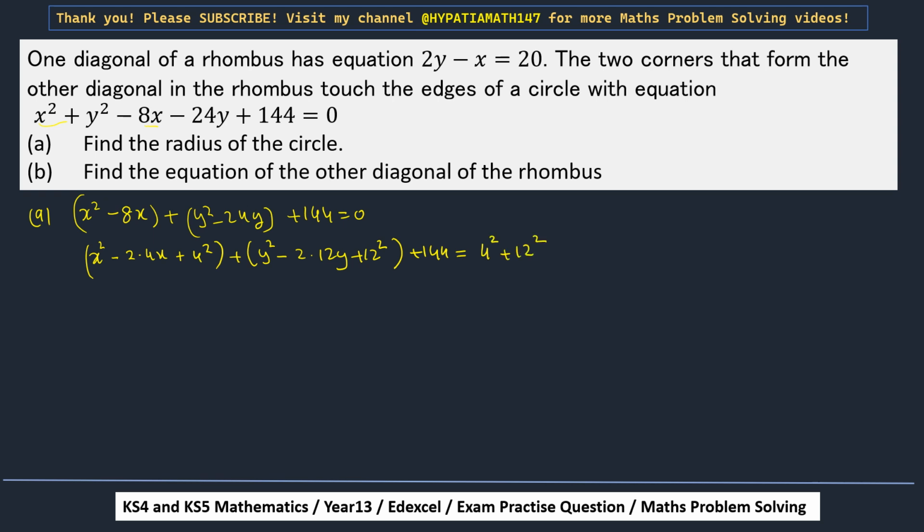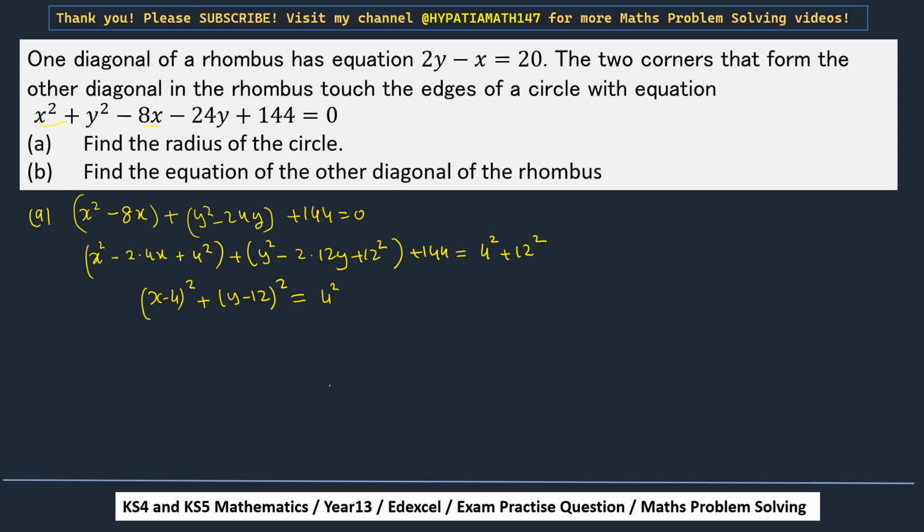So I can rewrite this as (x minus 4) whole squared plus (y minus 12) whole squared equals, see, 144 is also 12 squared.